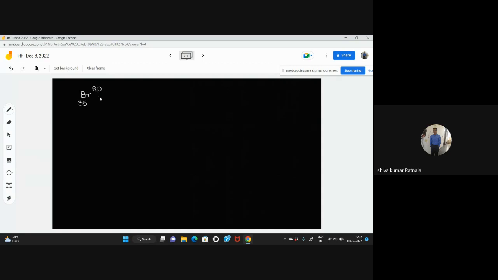I want to calculate the number of protons, neutrons, and electrons. It is a neutral atom, so the number of protons is 35, and the number of electrons will also be the same, 35. Number of neutrons equals 80 minus 35, that will be 45.